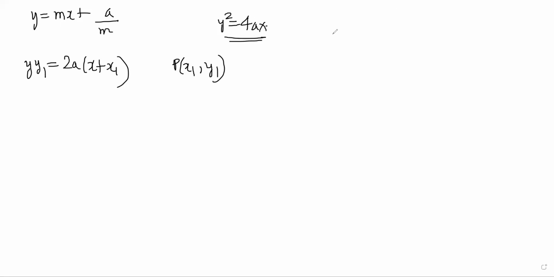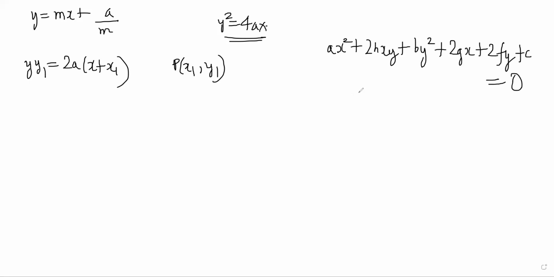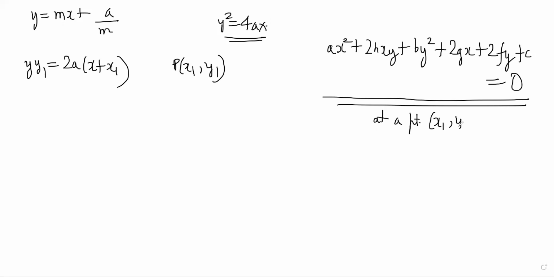In general, you should know that for any 2-degree curve, ax square plus 2hxy plus by square plus 2gx plus 2fy plus c is equal to 0, finding the tangent to the curve at a point x1, y1, there is a very simple trick.